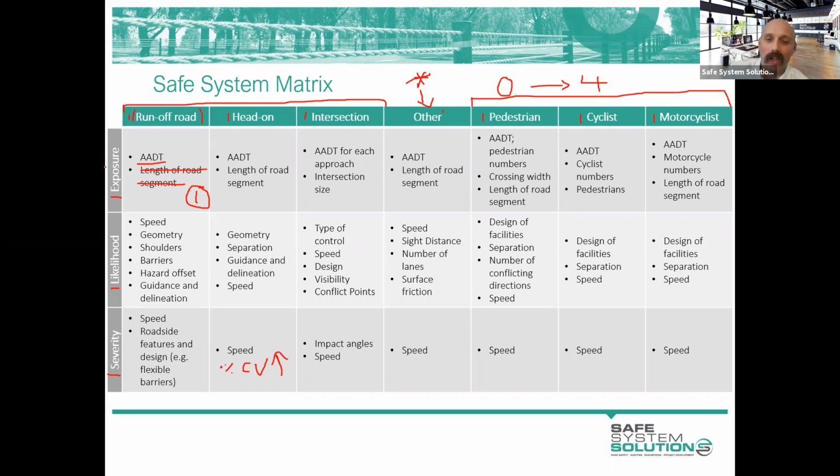Now, what we tend to find a lot of the time is we are starting out a safe system assessment, say, can we please have traffic volumes, number of pedestrians, number of cyclists, number of motorcyclists, and percentage heavy vehicles. And what we get back is we get the traffic volume, we get the percentage heavy vehicles, and we get the people saying, yeah, we don't know how many pedestrians, how many cyclists, how many motorcyclists.